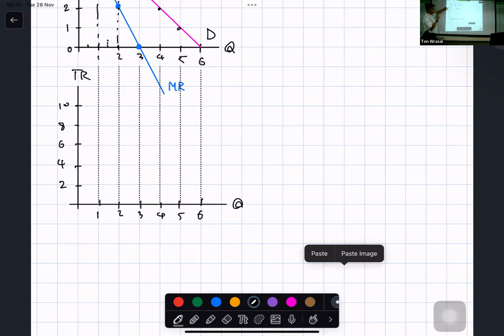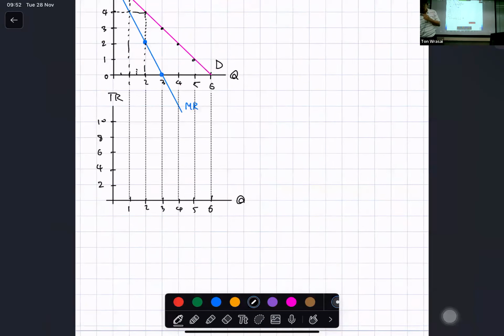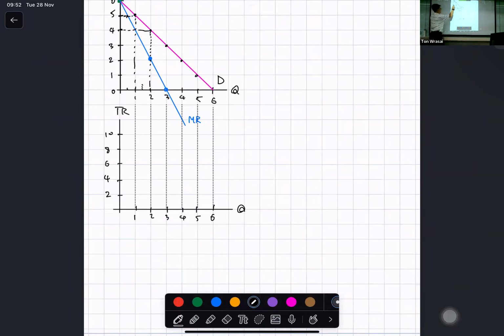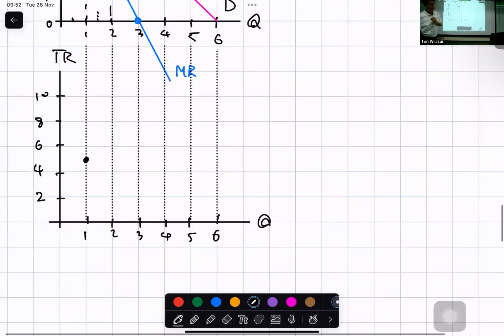We are going to plot total revenue. So now the vertical variable here is TR, total revenue. All right. Sell 1 unit, get 5 baht. Okay, 5 baht is about here. Sell 2 pieces, get 8 baht. Sell 3, get 9. So the TR curve, let's connect.